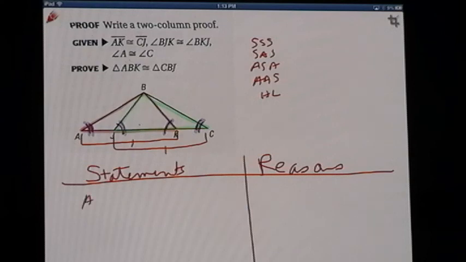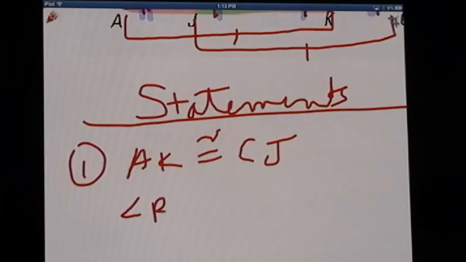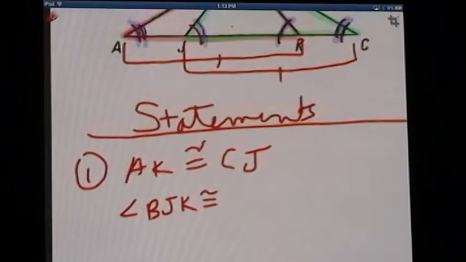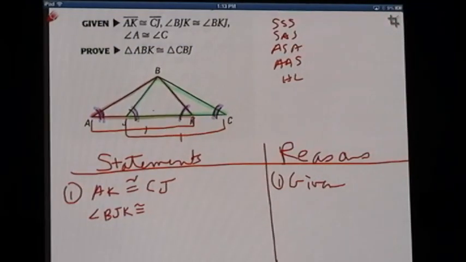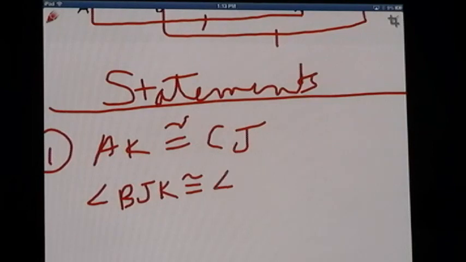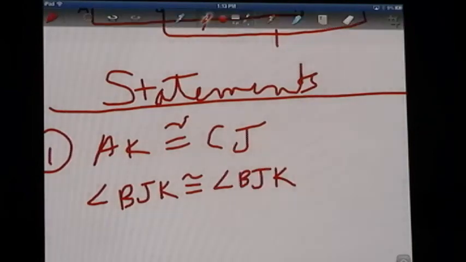Okay, AK is congruent to CJ. That's number one. It's given. I guess I'll put all the given together. Angle BJK is congruent to angle BKJ.